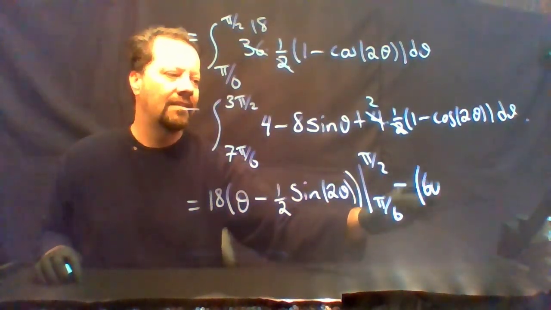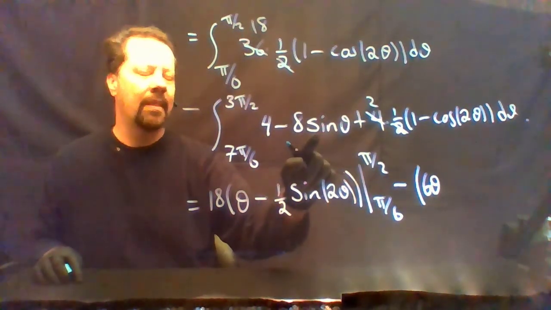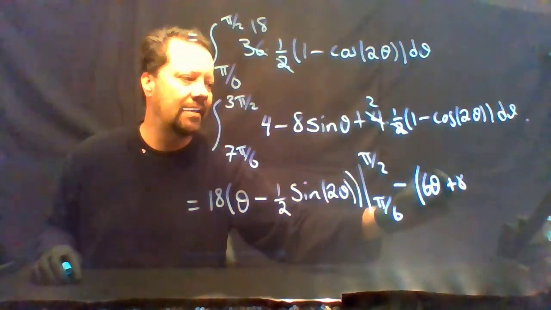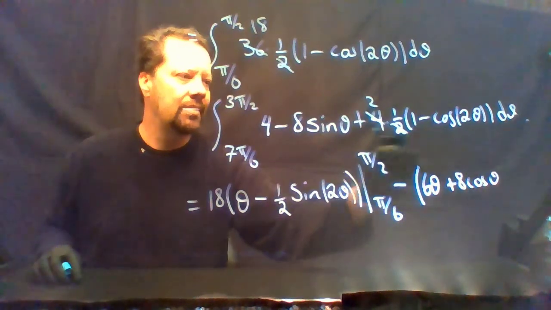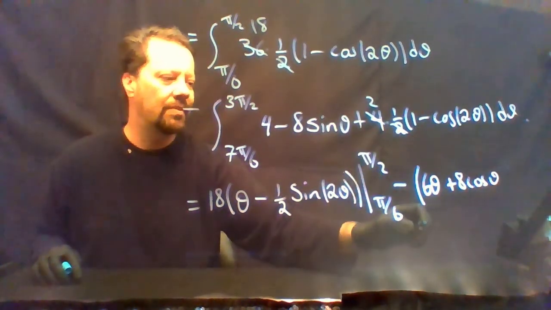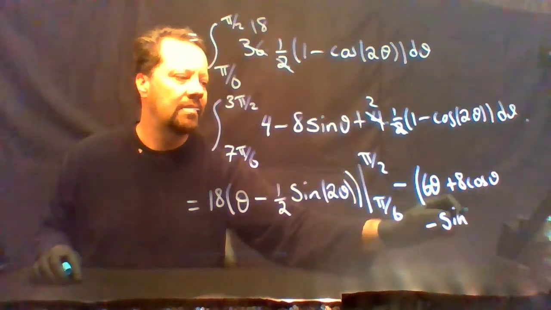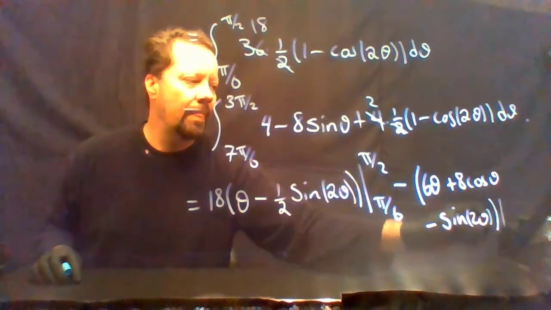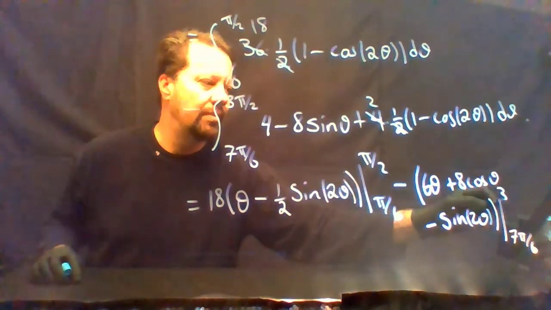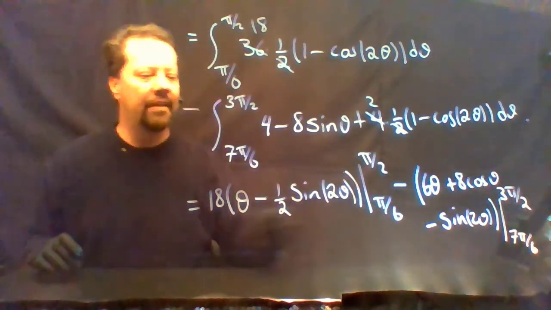Integrating that, we have 6 theta. When you integrate sine, you get minus cosine, so it's going to be plus 8 cosine theta. We'll have minus 2, we'll have to divide by a 2, so it's minus sine of 2 theta, evaluated from 7 pi over 6 to 3 pi over 2.